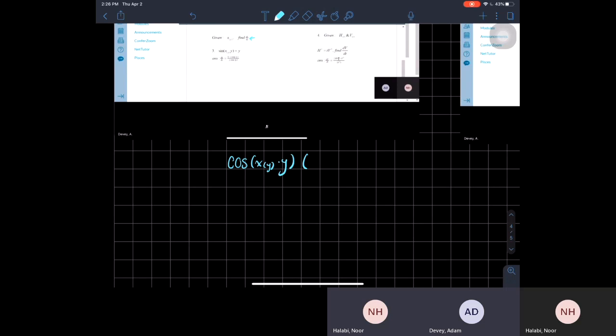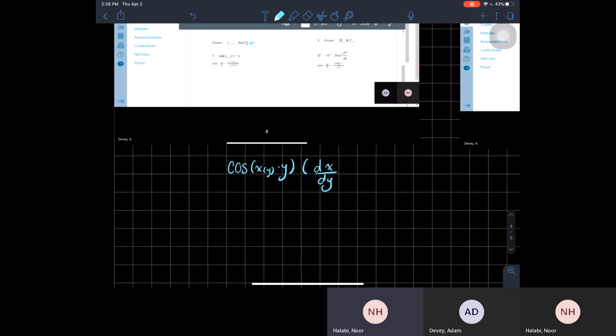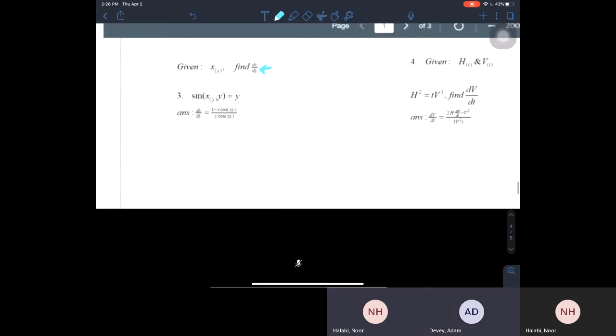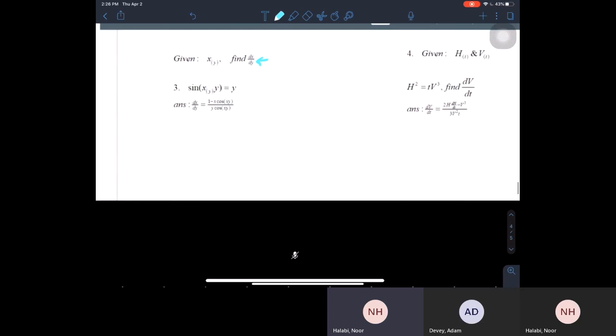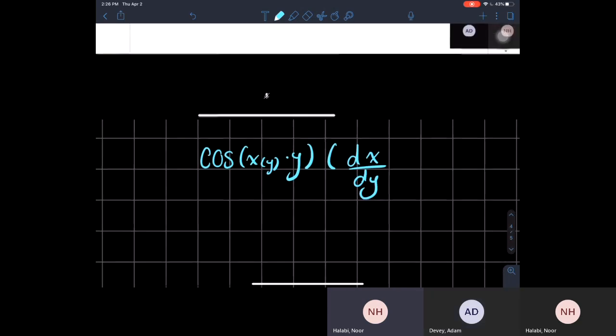So we're gonna replace, so x would be just dx over dy. Yeah, well, x is gonna be dx over dy, but that's not what we're looking for, correct? We're trying to, oh wait, actually we are looking for that, because I keep getting that mixed up too. Okay, yeah, you're good. So this is dx over dy times y, right? Because the y stays constant.